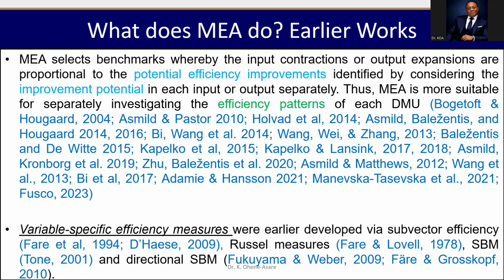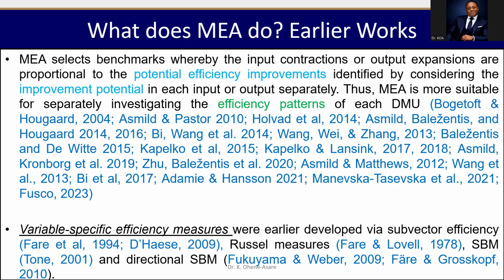Now, this is not the first time variable specific efficiency measures have been introduced in the literature. It's been touched on via something called subvector efficiency. This subvector efficiency was introduced by Färe et al. in 94. Okay. DHC also spoke about subvector efficiency.